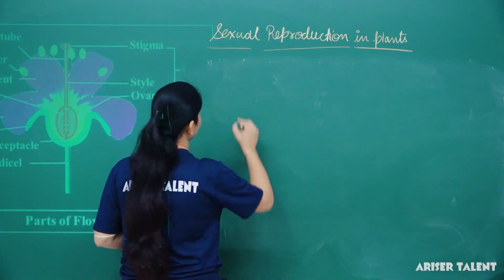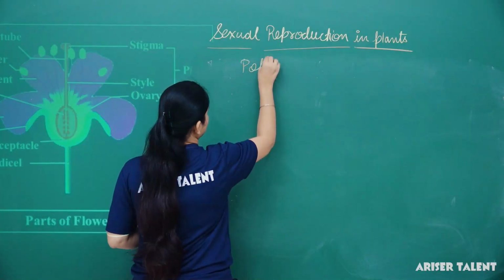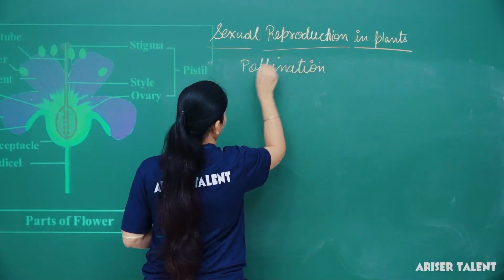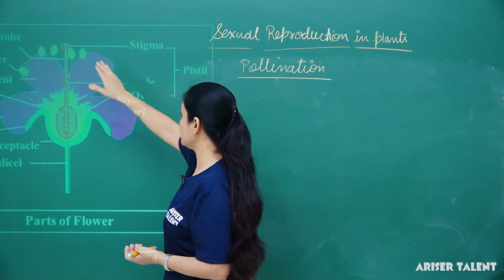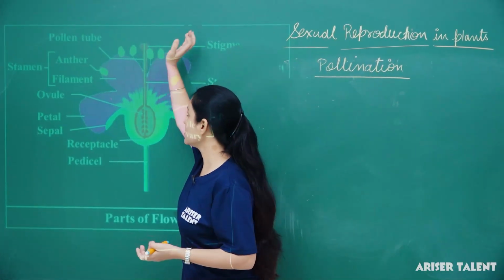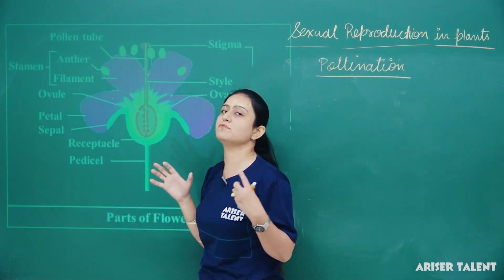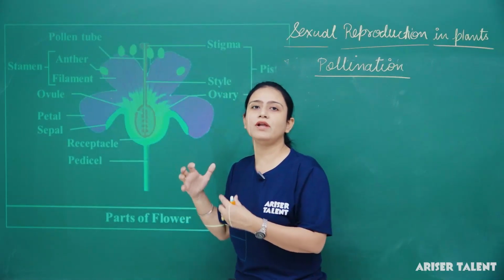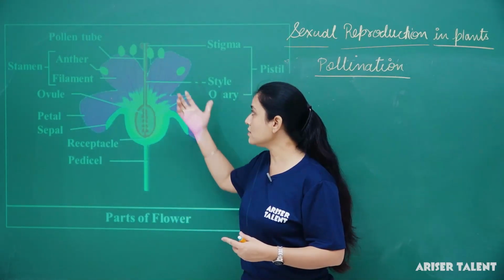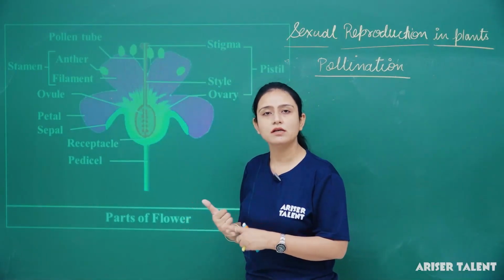Next is pollination. Here we can see this is the stigma. When the pollens from other flowers come here on the stigma, that is, transfer of pollen grains from one flower to another for the process of fertilization, that is known as pollination.